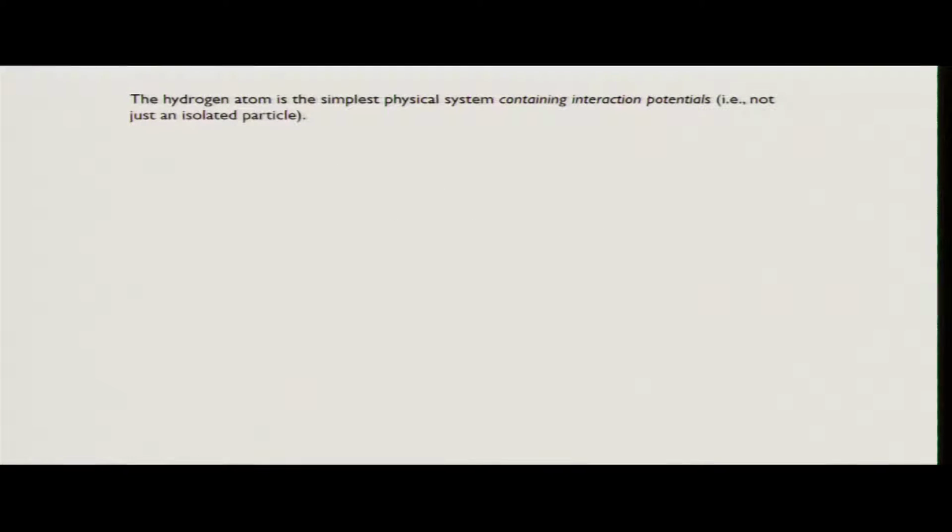Now, after having done all of this, I also realize that it is time perhaps that we look at how to solve the hydrogen atom to at least some level, so that all this understanding is put in the right place. So, the hydrogen atom is the simplest physical system containing an interaction potential that is not just an isolated particle.